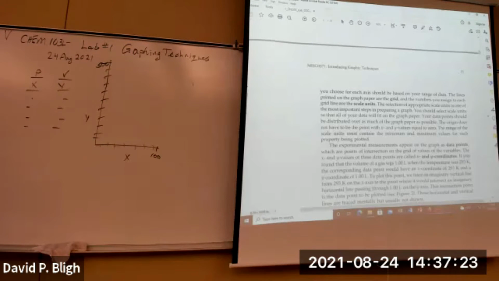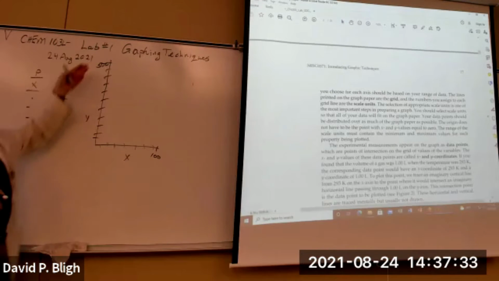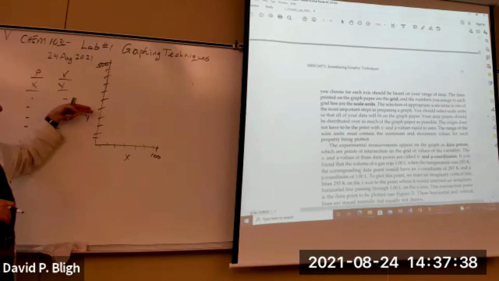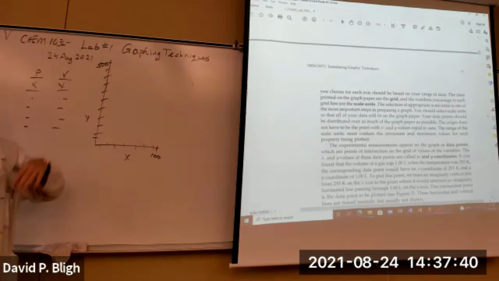And if you've already got graph paper, already hatched, then you want to see, well, if I go 500 for the full length, is that going to make evenly spaced units on the way there?